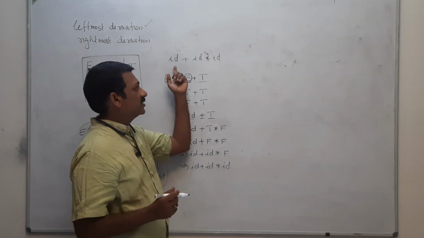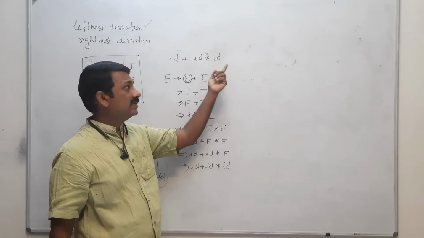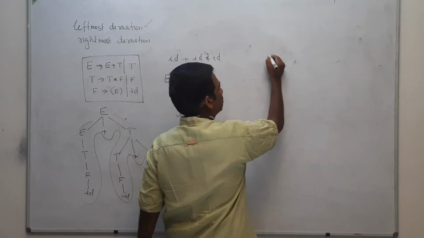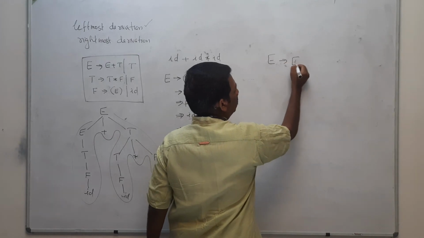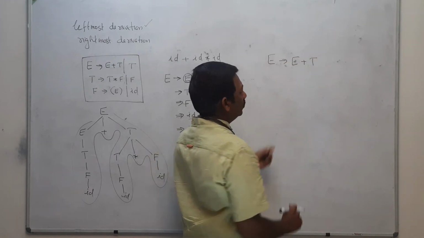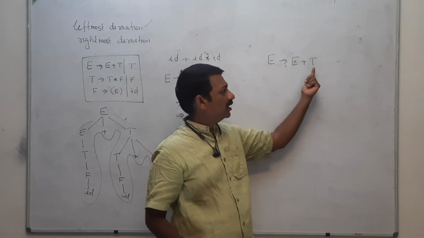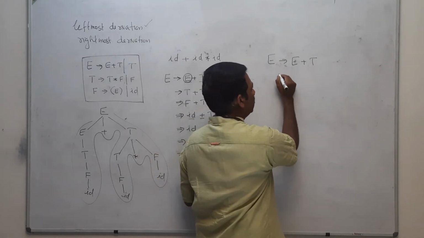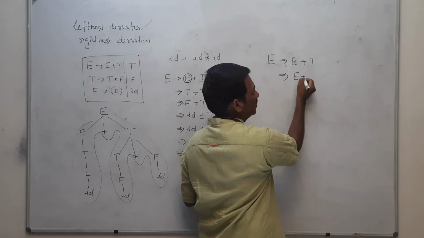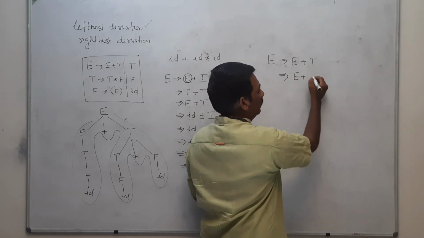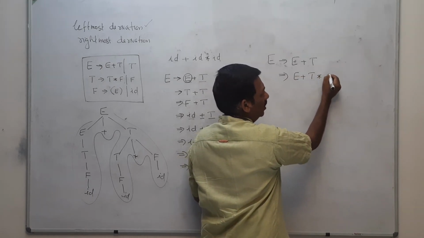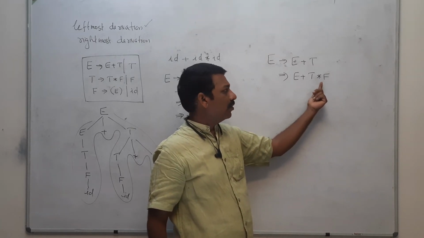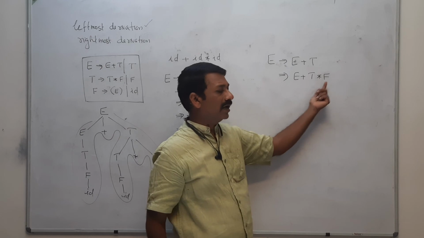The rightmost derivation for id plus id star id is E derives E plus T. Now the rightmost non-terminal is T, and I am going to replace this T. That means E plus T derives T star F. Now the rightmost non-terminal is F, and I replace that F with id.